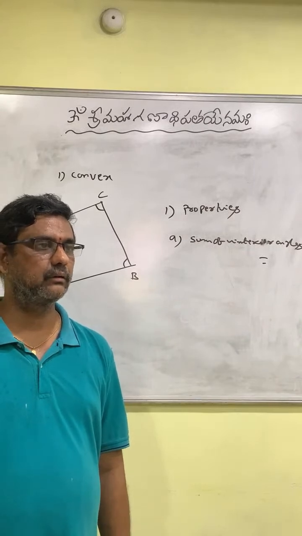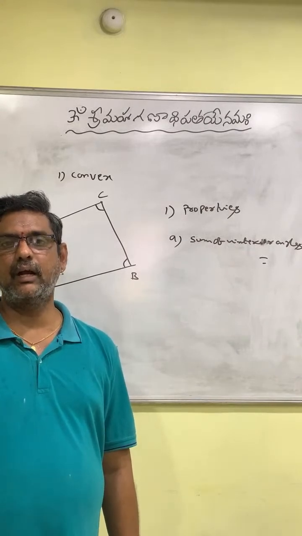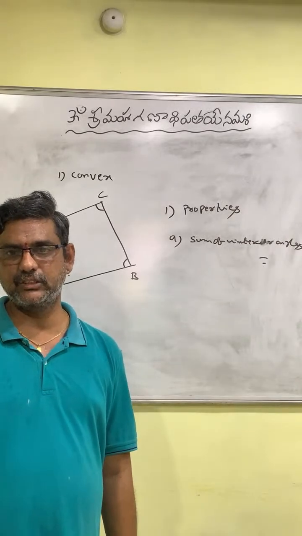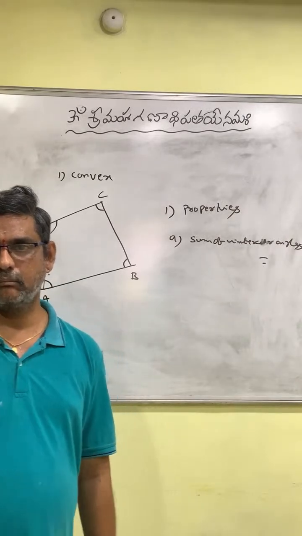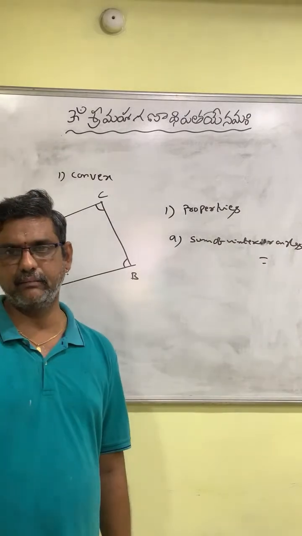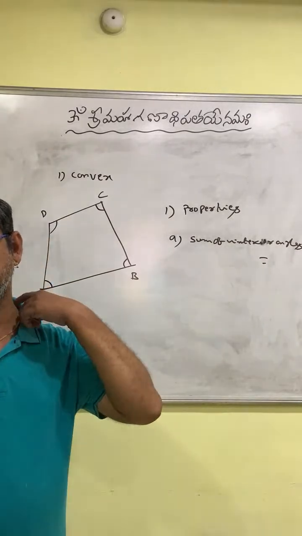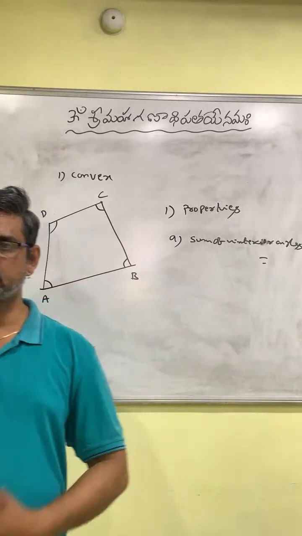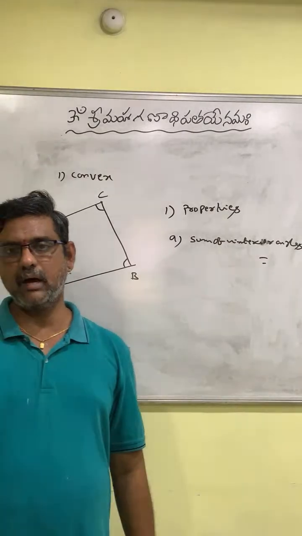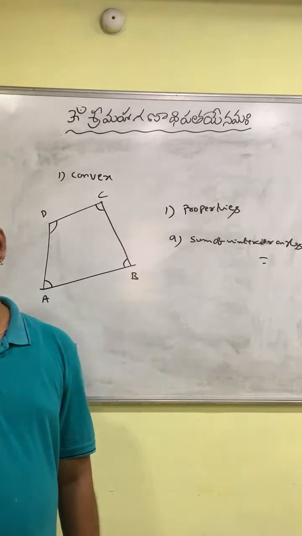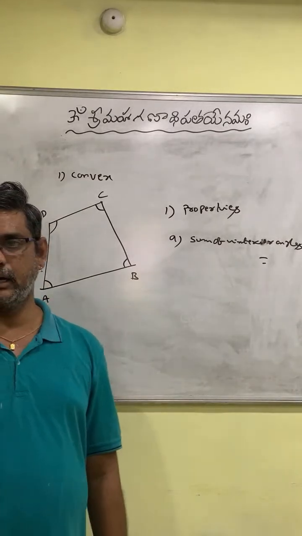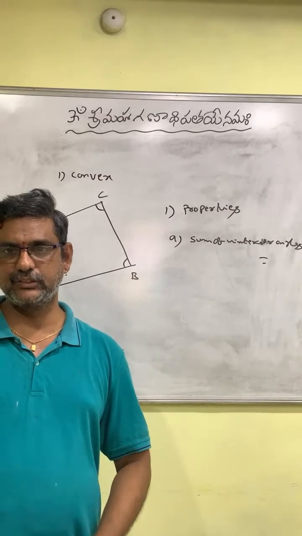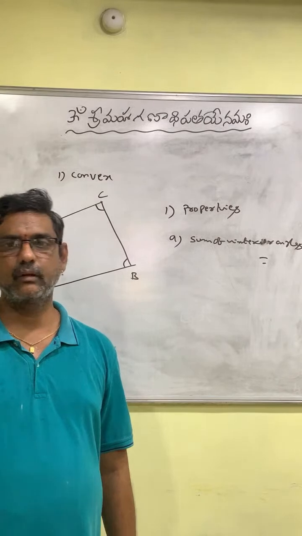Children, I want answers. Sum of interior angles. Mahesh says 180. Mahesh, why 180? 360. Yes. The sum of interior angles of a convex quadrilateral is 360 degrees. Okay?